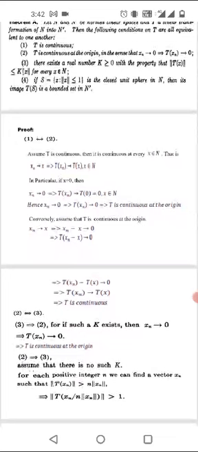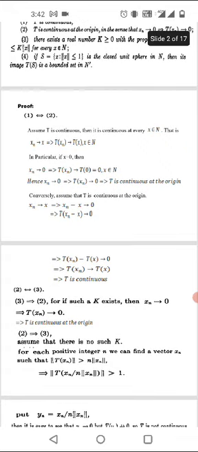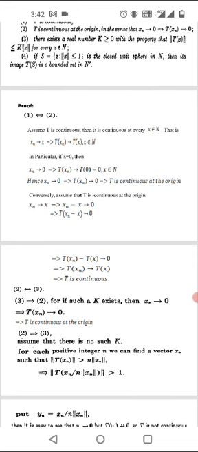And the converse part. Now let us assume that T is continuous at the origin, to prove that T is continuous. So we have the definition of continuous at the origin. xn converges to x implies that xn minus x converges to 0.